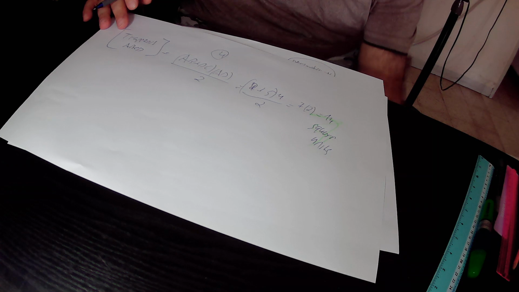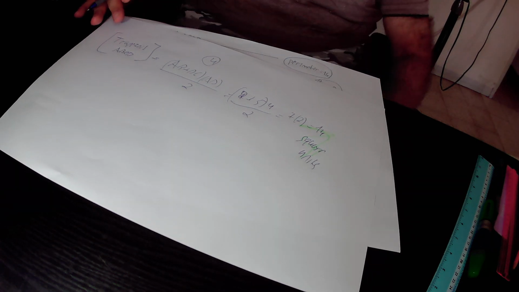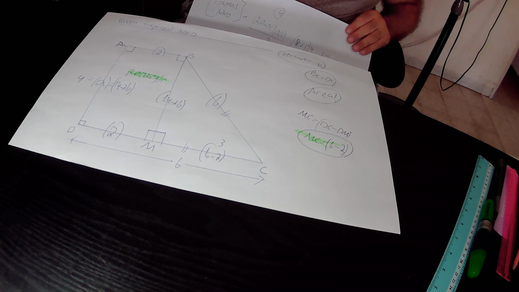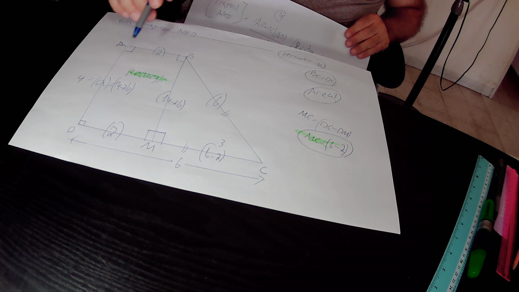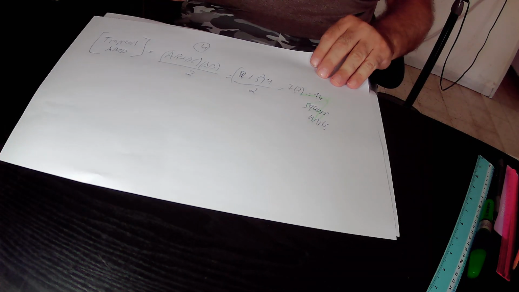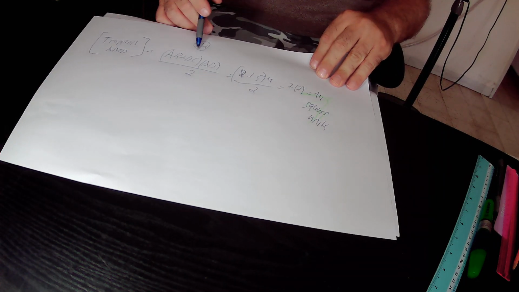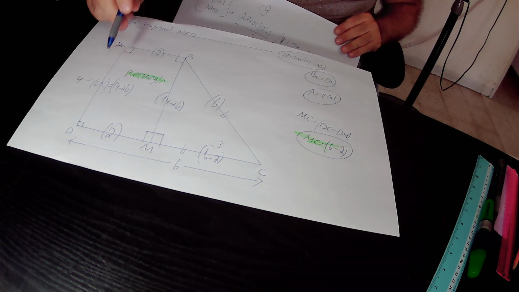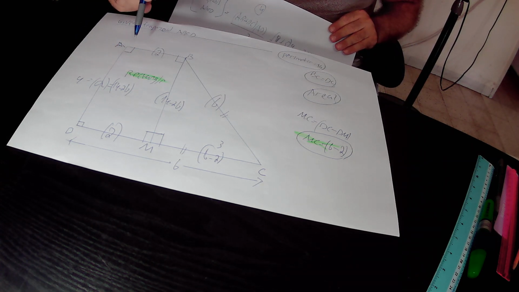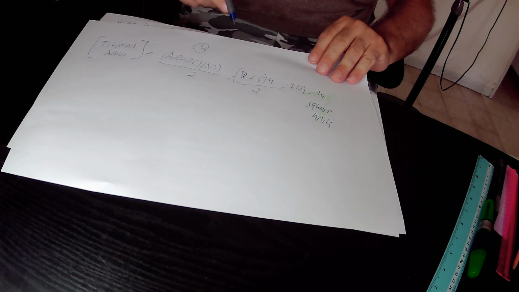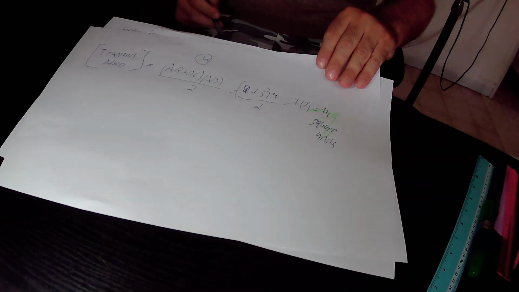Repeat again, the area of trapezoid ABCD equals the sum of its two parallel bases times the height over 2. The two parallel bases are AB and DC, so it is AB plus DC times the height. The height is AD because it creates 90 degrees with the two parallel bases. So the height is AD, divided by 2.